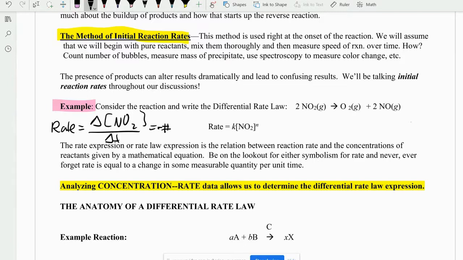The differential rate law, we are now going to express rate using a mathematical equation. So take a look. The differential rate law for the reaction would look like this, and I just circled it. And in just a second, we're going to break this down and learn how to set up these rate expressions.